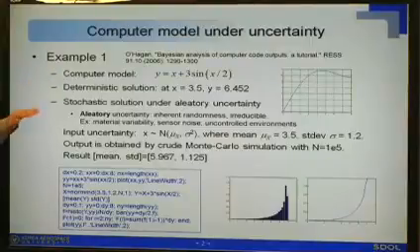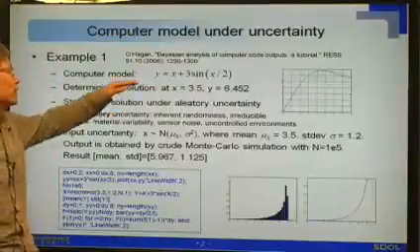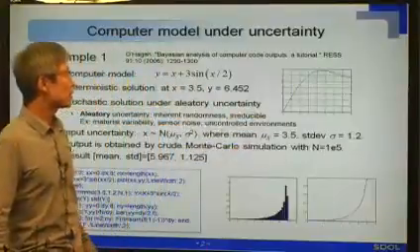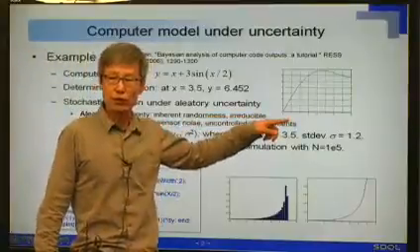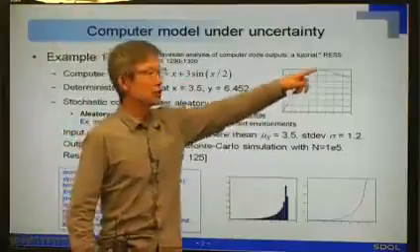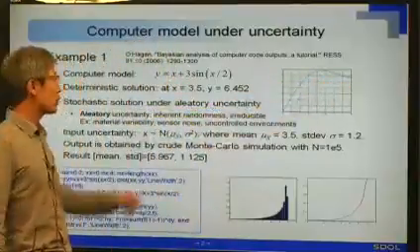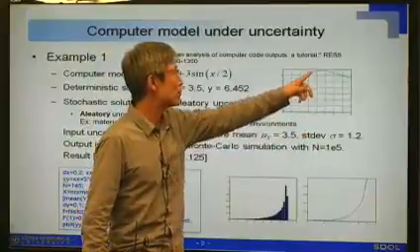We already know the function, so we can plot the curve of the function in this figure. This is x, this is y, and this is the function. And what we got here is the y value at 3.5.